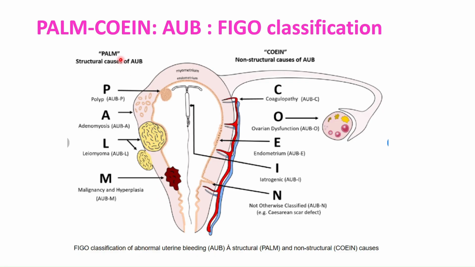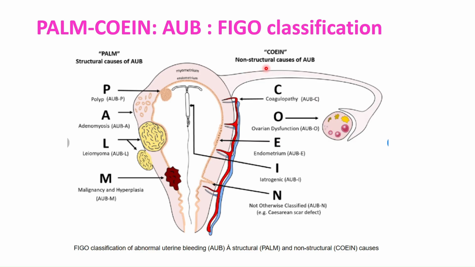Now, PALM-COEIN classification, which is FIGO classification, includes structural causes of AUB, designated as PALM. Here, P stands for polyp, which is AUBP, adenomyosis, AUBA, L, leiomyoma, AUBL, M, malignancy and hyperplasia, AUBM.